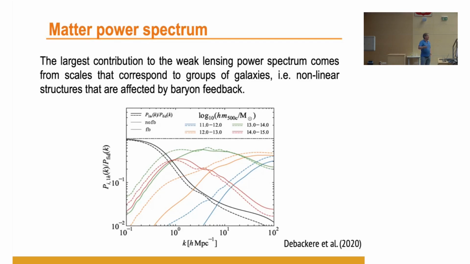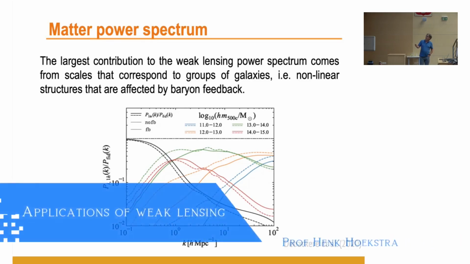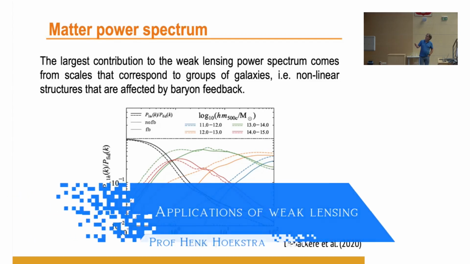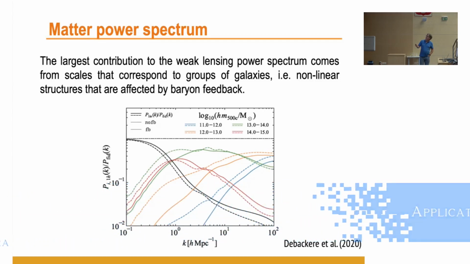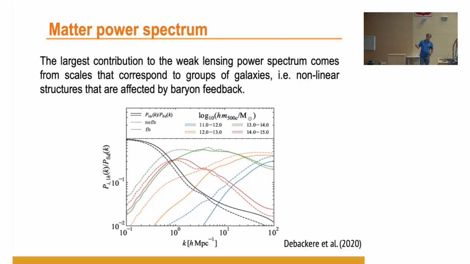Galaxies are numerous, but not very massive, so they don't contribute much in general. This is the scale where lensing is most sensitive, megaparsec, 10 megaparsec scales. And then you see that it's mostly 10 to the 13, 10 to the 14 solar mass systems, maybe a bit higher. It's galaxy groups. Galaxy groups are the most common structure. Most galaxies in the universe are in a galaxy group.